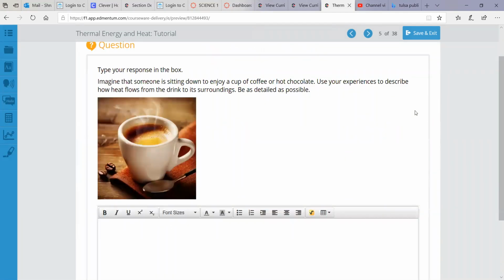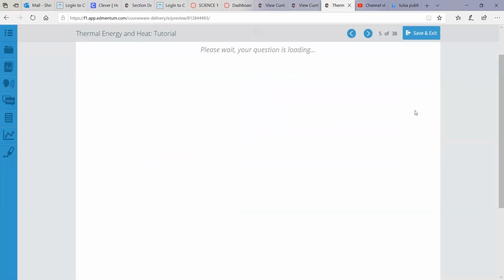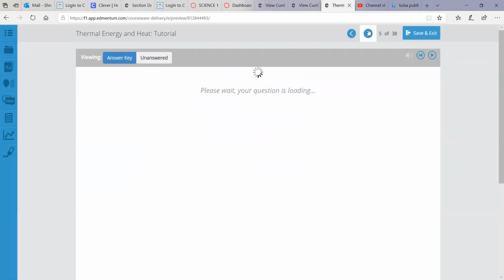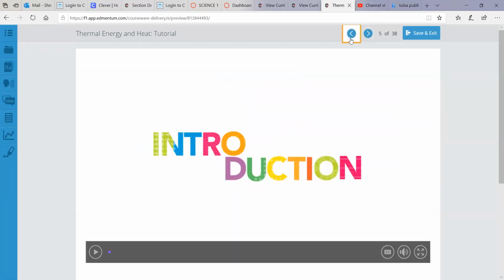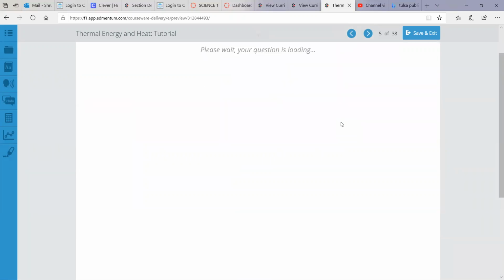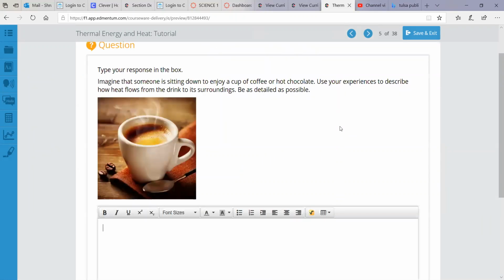And for a warm up, we are looking at a hot beverage cup. Use your experience to describe how heat flows from the drink to its surroundings.